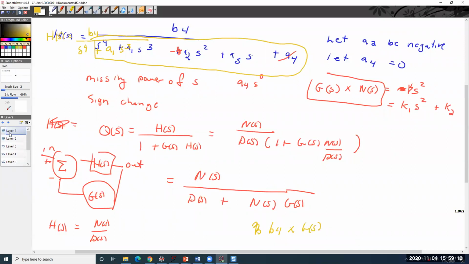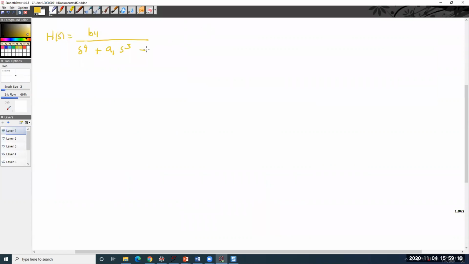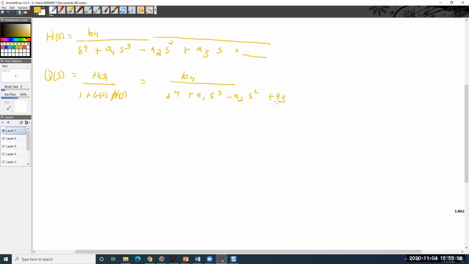So A2 is negative. Q of S equals H of S over 1 plus G of S. So again, here's my H of S. Remember, this is the denominator, which I multiply by 1.